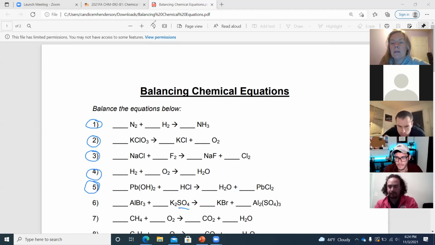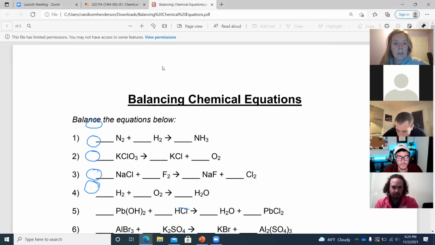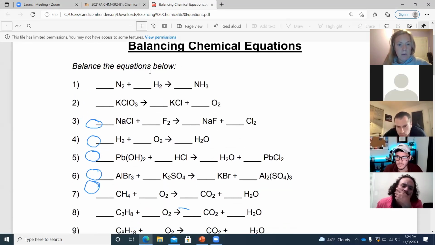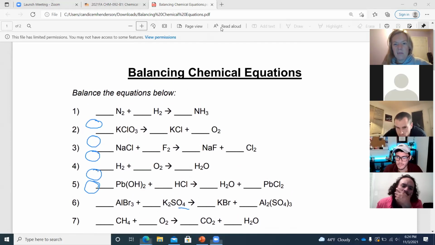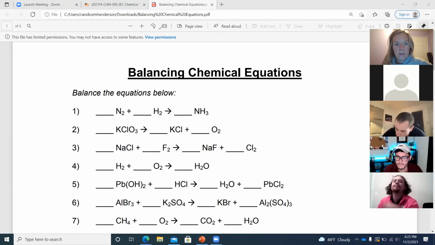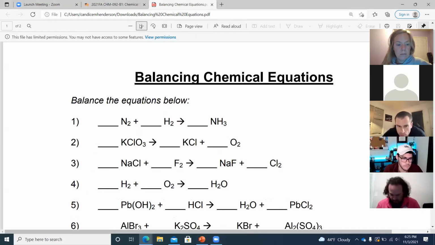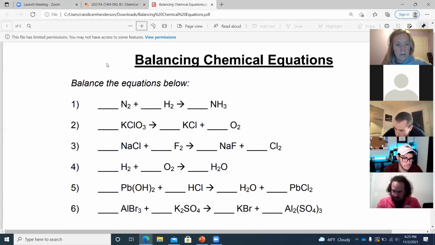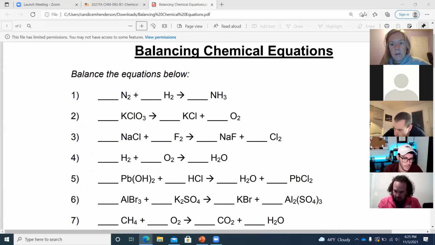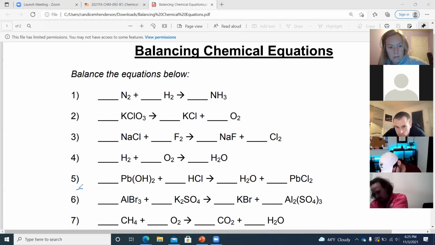Take inventory of what you got and then only mess around with coefficients to get what you need equal on both sides. Yeah, we'll do the first 5.